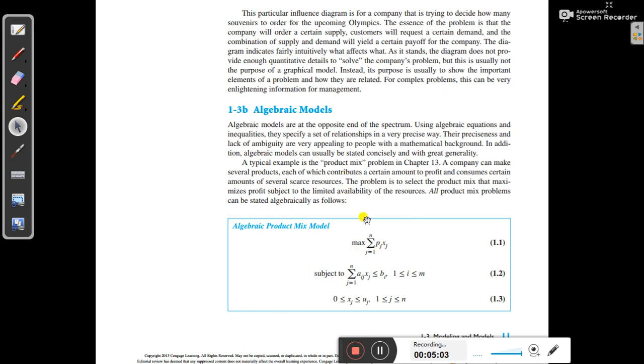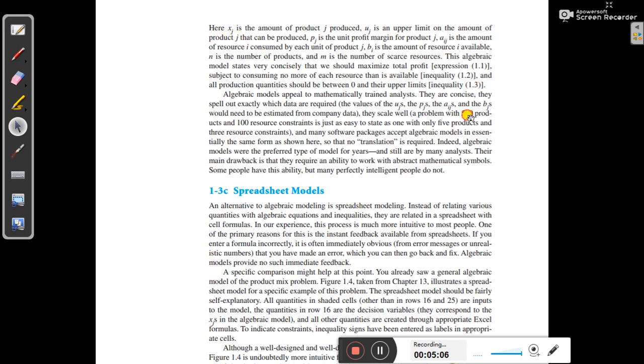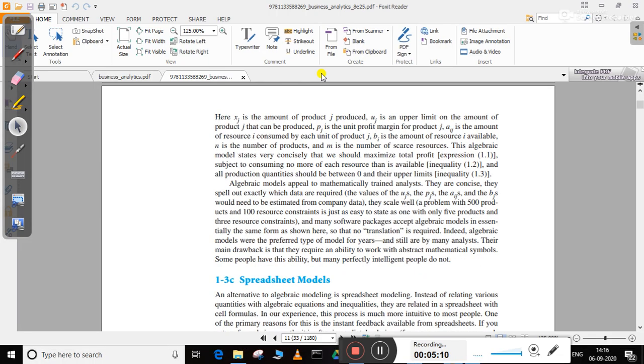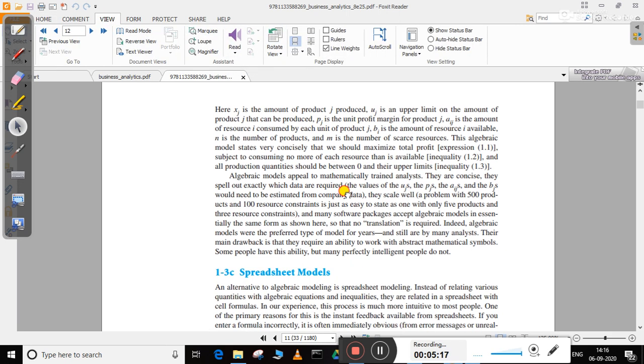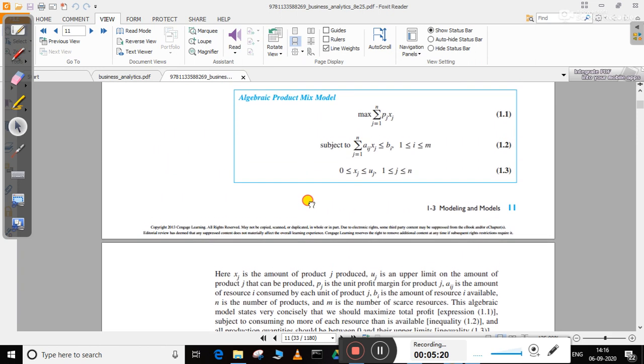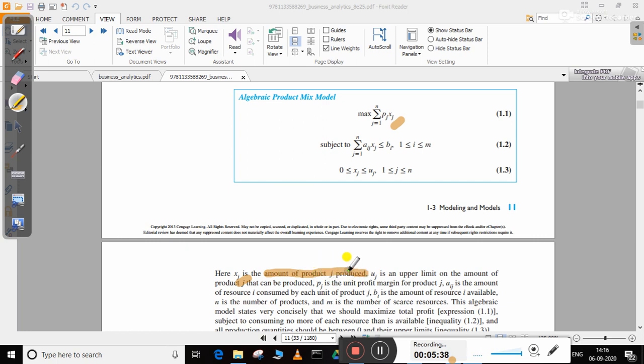Now what does this equation mean? xj is the amount of product j produced. Uj is an upper limit on the amount of product j that can be produced.